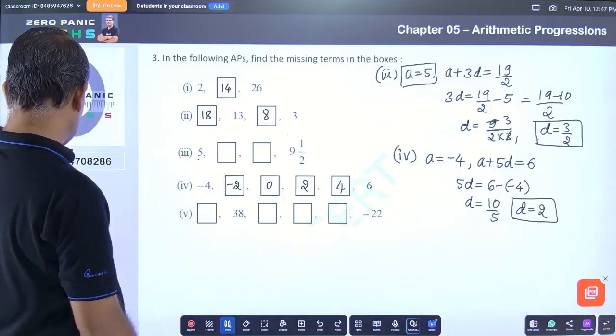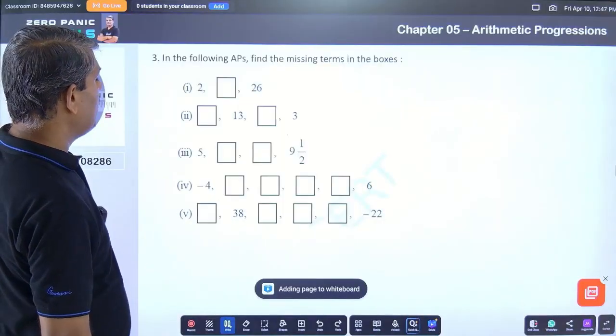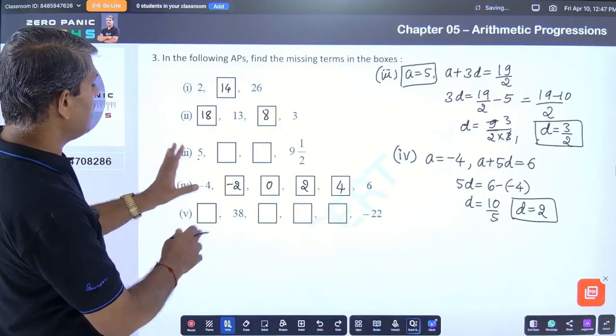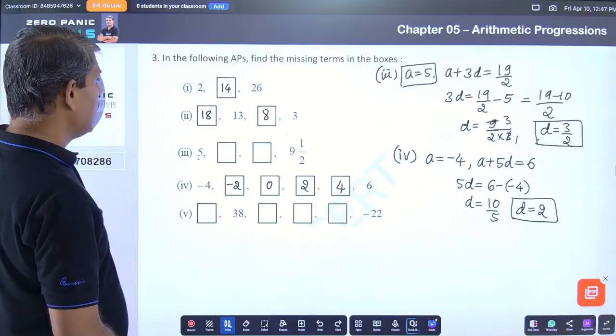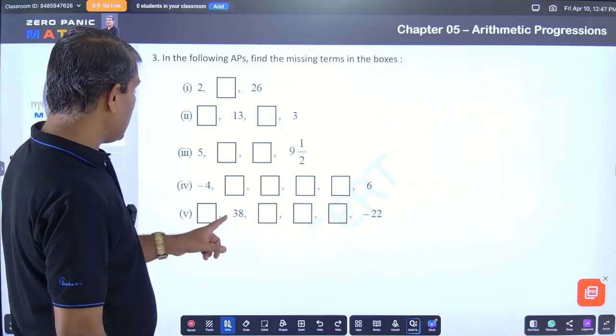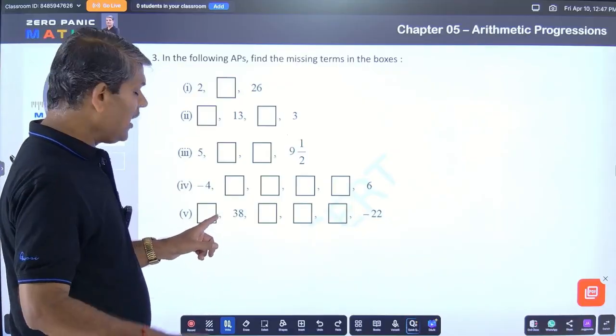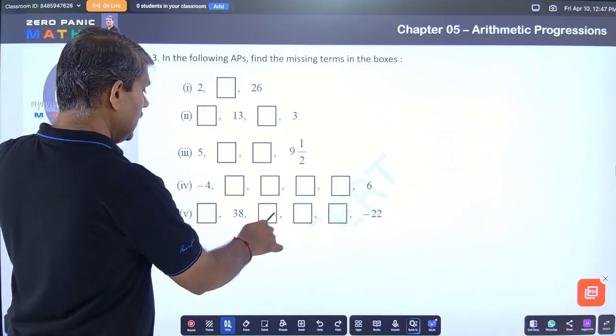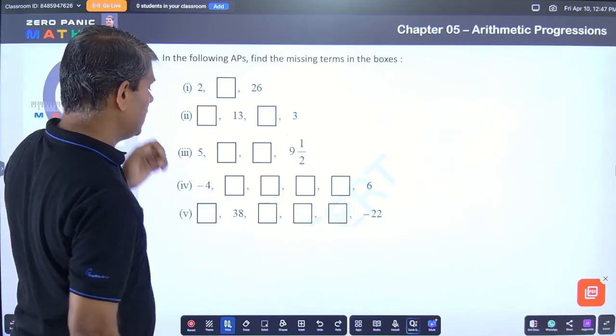Now similarly, let us look at the fifth problem also. Let us fill out all of this because I've divided them into different slides. You need to fill it in one way only. Again here we are not given A, but A plus D we are given, and A3, A4, A5, A6 they have given.